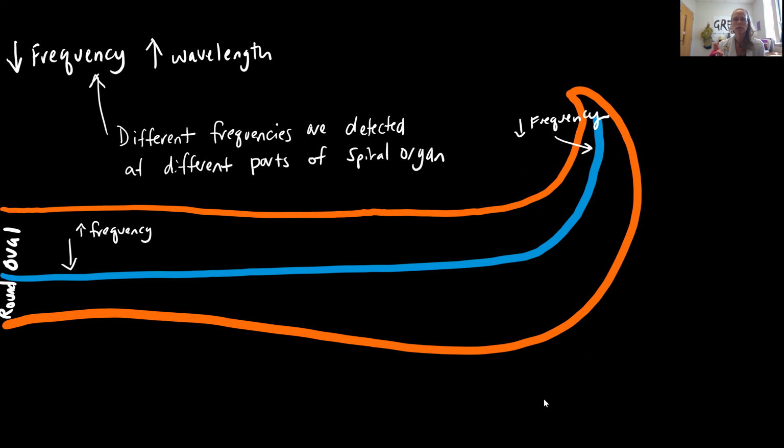Now what we'll see is that frequency is detected by what part of the basilar membrane is moving. So it's going to be throughout that whole spiral organ.